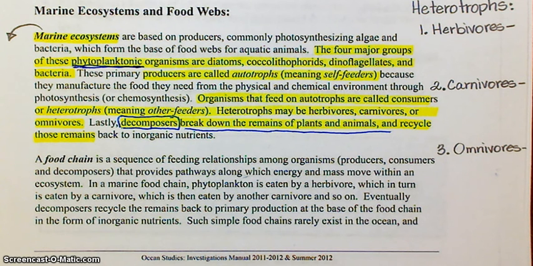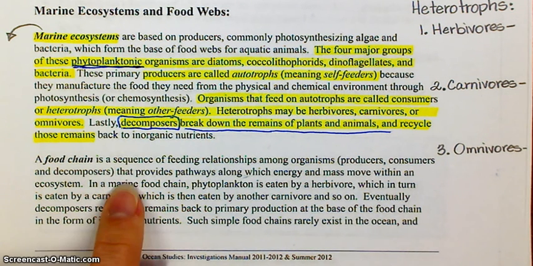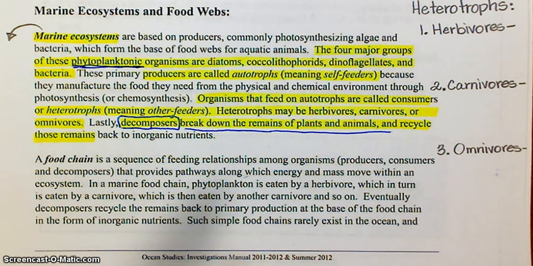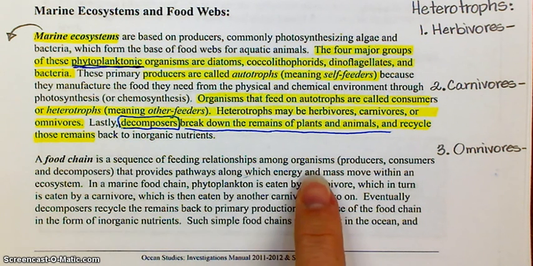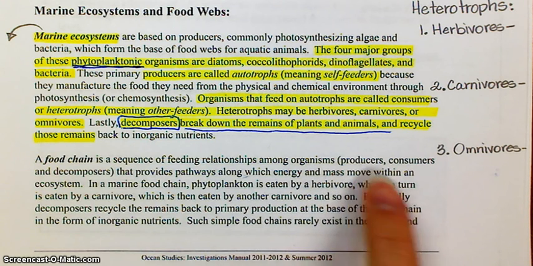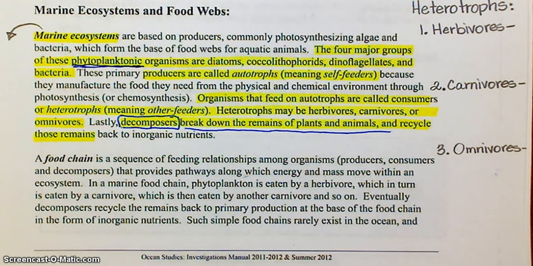Okay? All right. A food chain is a sequence of feeding relationships among organisms that provide pathways along which energy and mass move within an ecosystem. So, for instance, feeding relationships among organisms such as producers, consumers, and decomposers. And a food chain allows you to see the pathway that energy and mass follow.